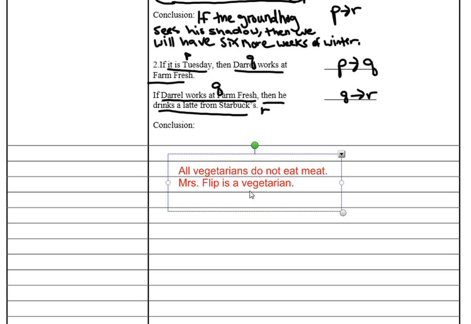What can you conclude about Miss Flip and why? So your conclusion should be that Miss Flip does not eat meat. And the law, or the reason why, would be the law of detachment.